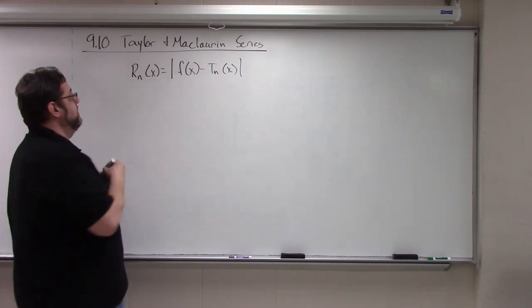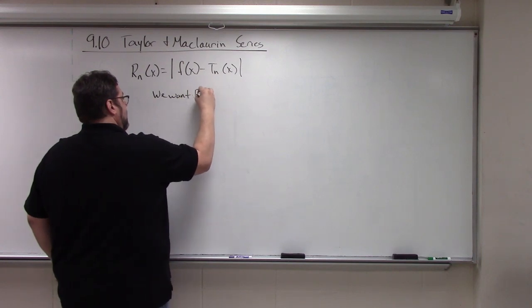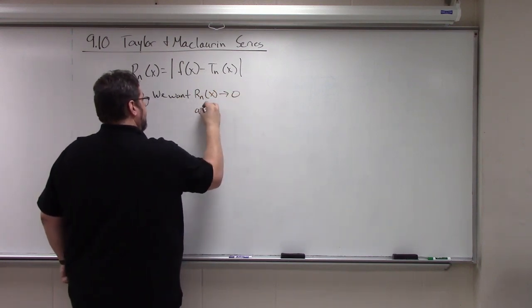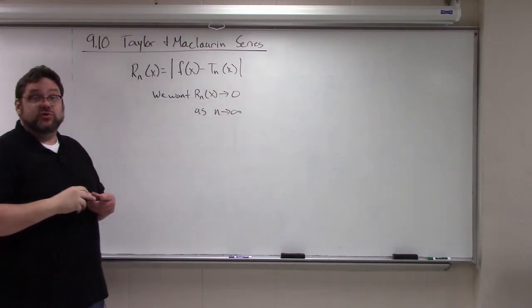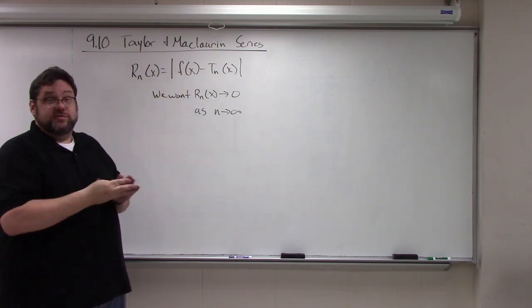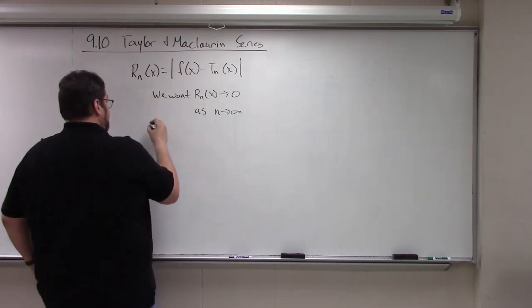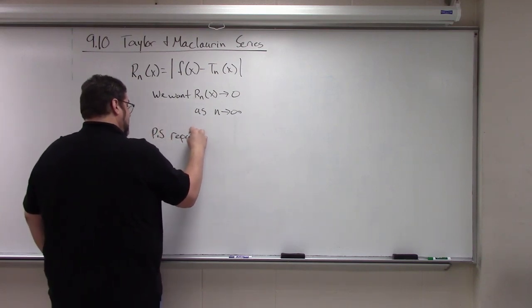Here's what we want. We want R sub n of x to go to 0 as n heads to infinity. And if that's true, if the error goes to 0 as n goes to infinity, then we can say that the power series represents the function.